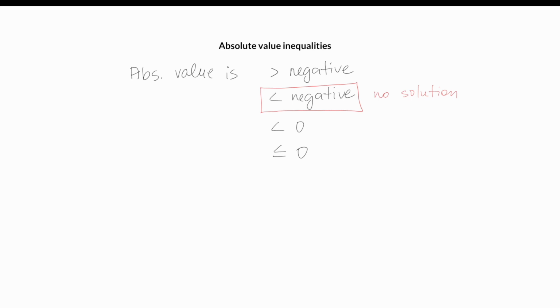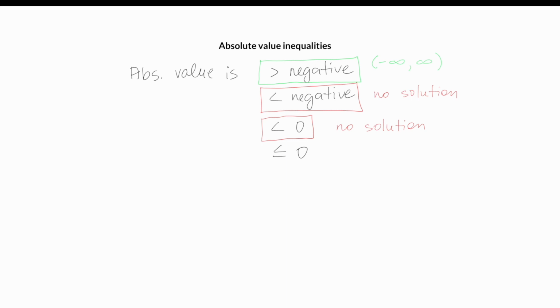If an inequality suggests that the absolute value is less than 0, which is essentially negative, it will also have no solution. If an inequality suggests that the absolute value is greater than a negative, the solution will be any real number, or from negative infinity to infinity.